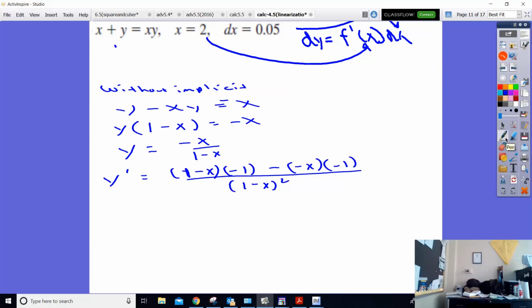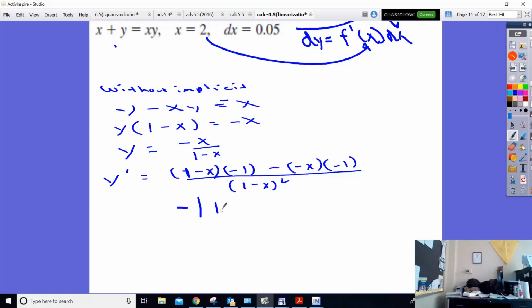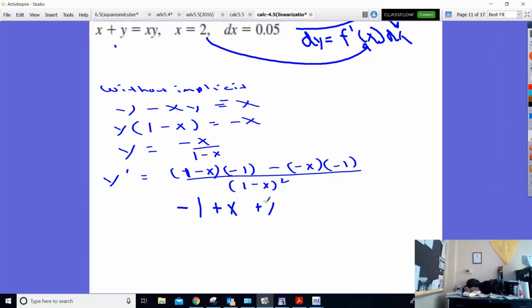All right, what's that going to clean up to look like? Well, the -1 plus x. There's going to be a lot of cancellations, aren't there? That's -x, isn't it? It's a negative times a negative times a negative.